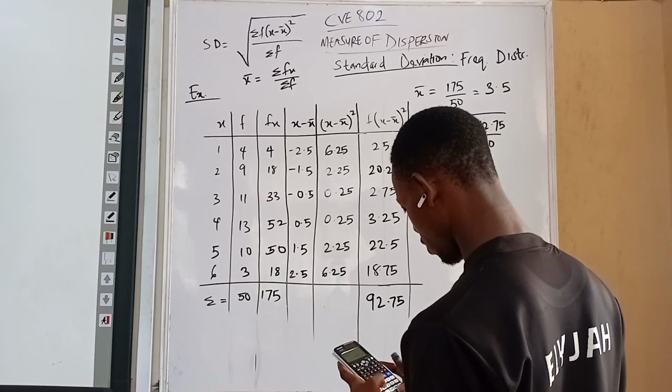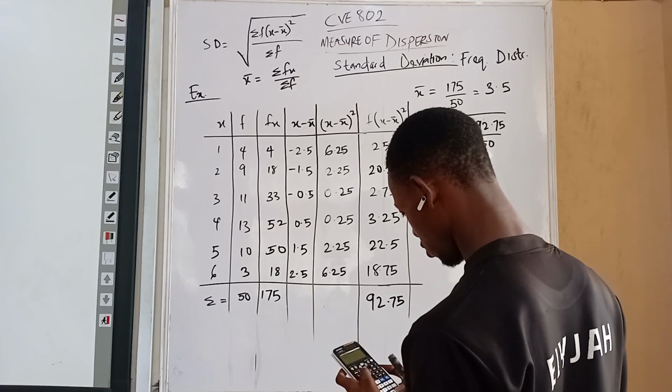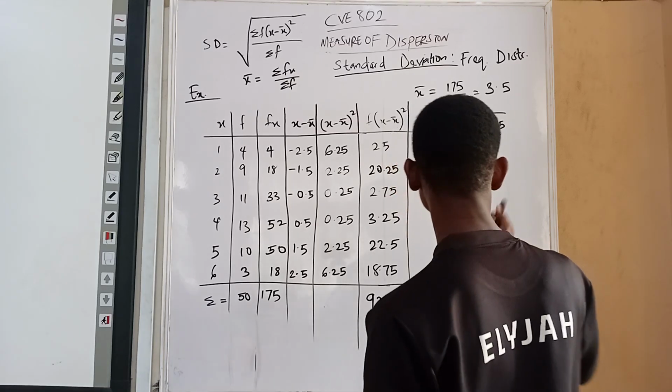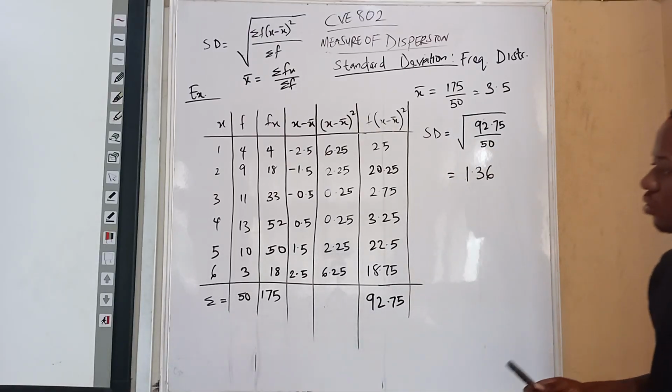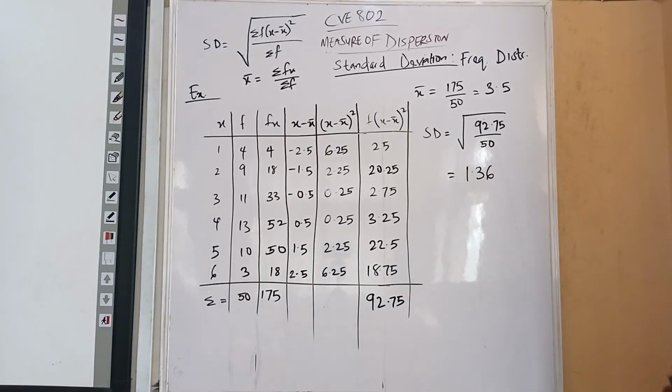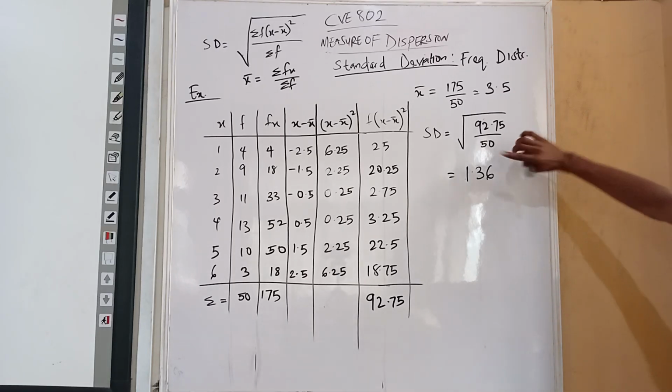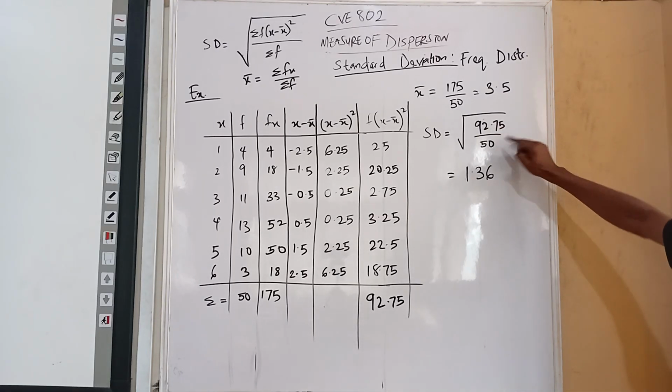So the square root of the answer is 1.36. Is there any question from here before we move to the assumed mean method? If the standard deviation is 1.36, what is the variance? The variance is just the square of the standard deviation, so our variance is 92.75 divided by 50.